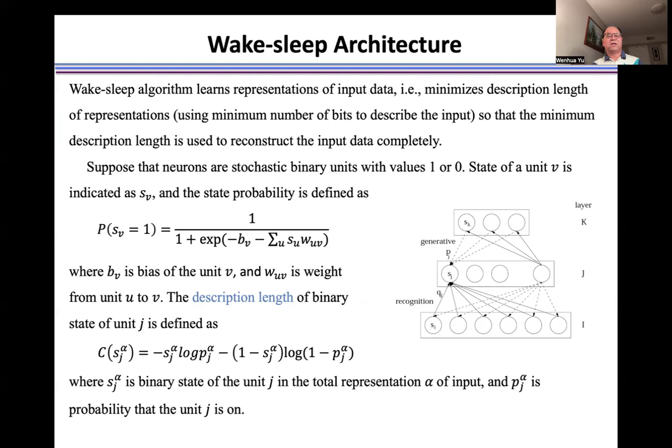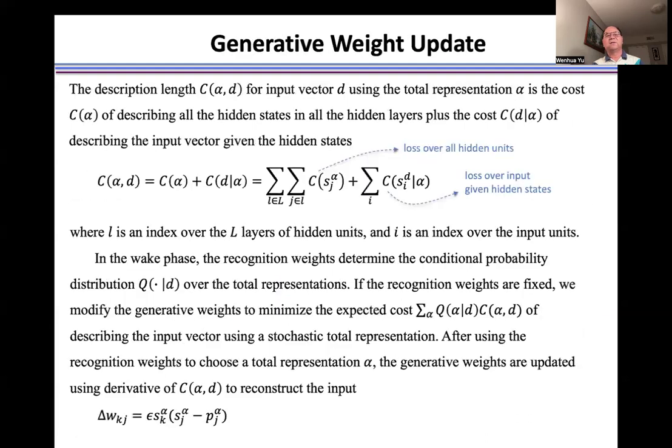The state of unit V is indicated as S_V, and the state probability is defined as this formulation, where b_V is the bias of the unit V, and w_UV is the weight from unit U to unit V. The description length of a binary state of unit j is defined as the sum of two terms, where s_j^alpha is the binary state of the unit j in the total representation alpha for the input, and p_j^alpha is the probability that the unit j is on.